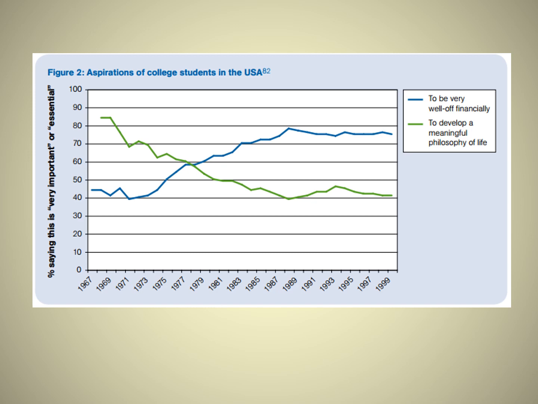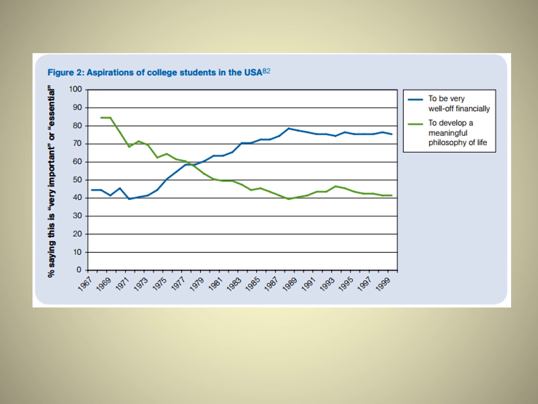Okay, this is aspirations of college students in the USA from 1967 to 1999. The students were asked whether going to college is very important or essential to either be very well off financially, as represented by the blue line, or to develop a meaningful philosophy of life, as seen by the green line. As you can see, in the 60s over 80% of people said they were going to develop their understanding of the world, a meaningful philosophy of life.